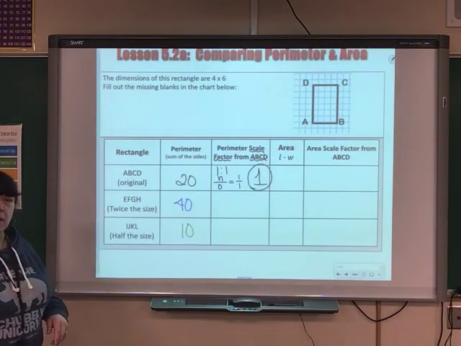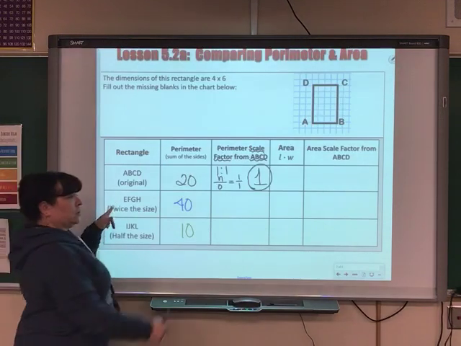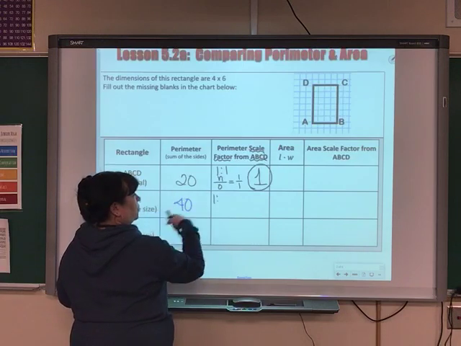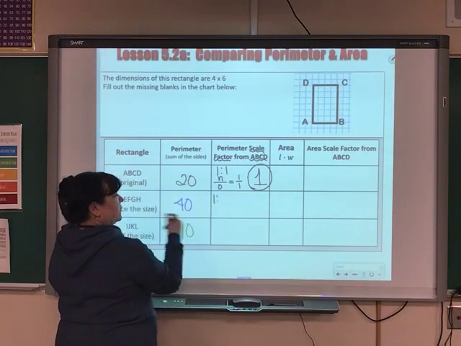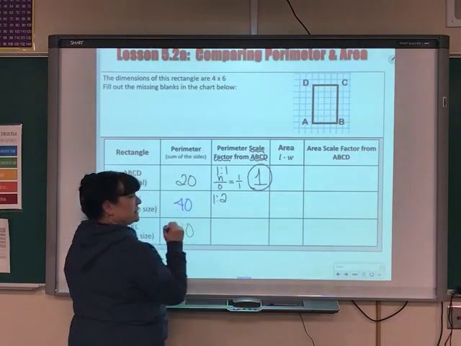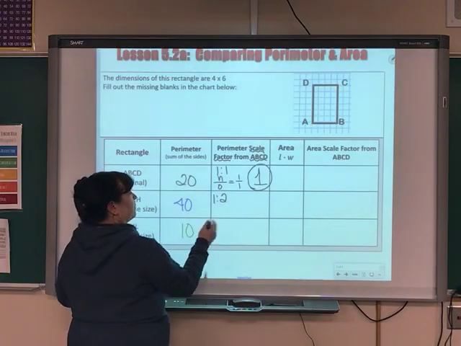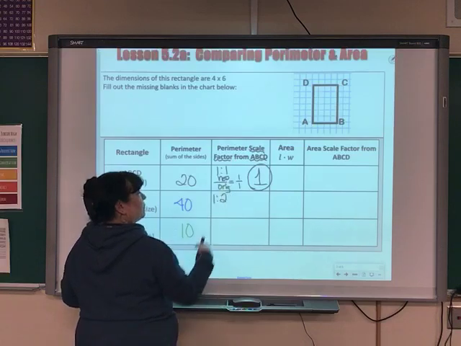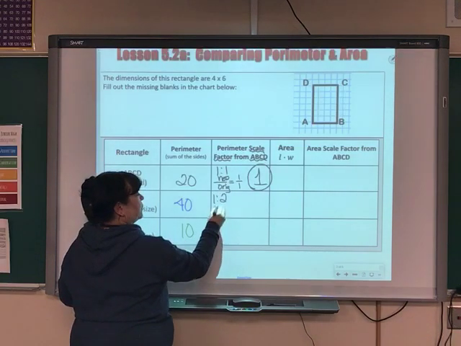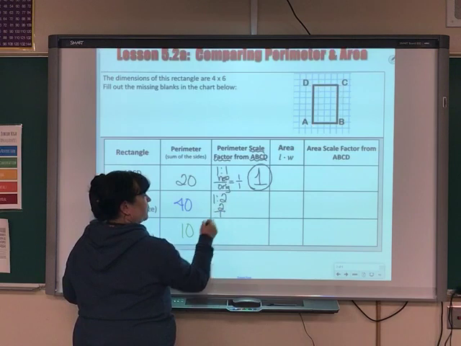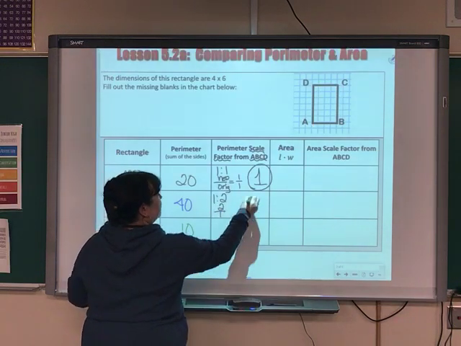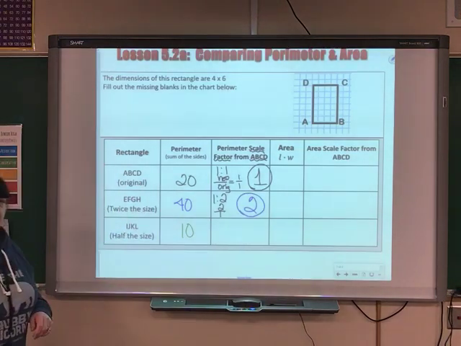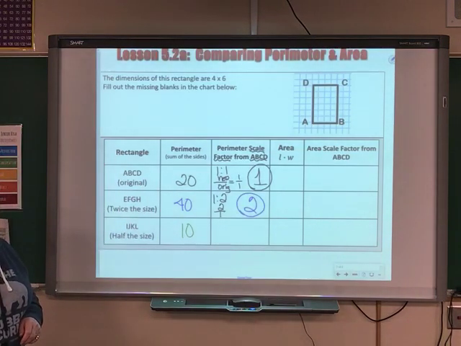If we're talking about our original compared to our new, everything in length was twice the size. If we write this as a fraction, that would be the new over the original, and we get a scale factor of 2. Remember, we multiplied everything by 2.